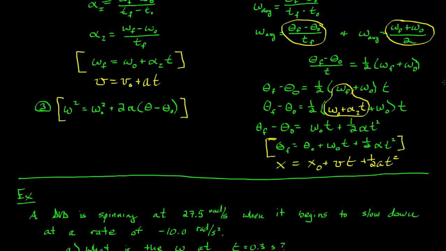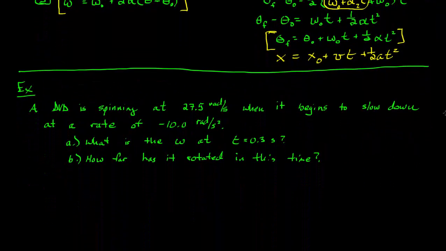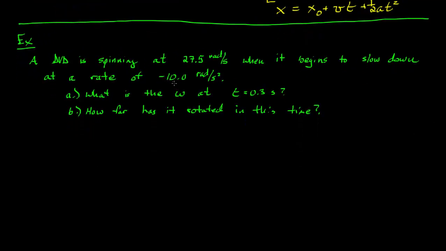So let's do an example and apply it. A DVD is spinning at 27.5 radians per second when it begins to slow down at a rate of -10 radians per second squared. What is the angular velocity at 0.3 seconds, and how far has it rotated in this time? Before you start tackling these, make sure that you understand what's happening. So draw a quick picture.